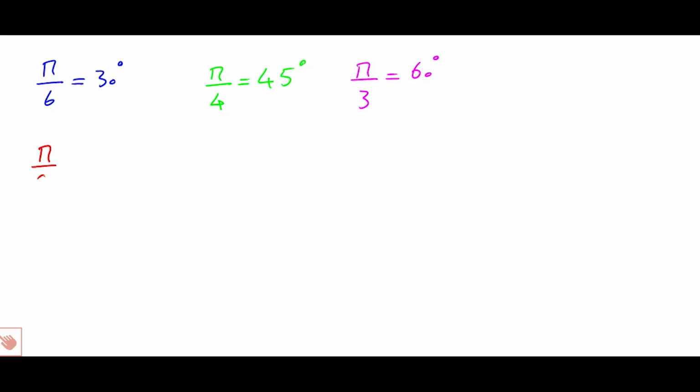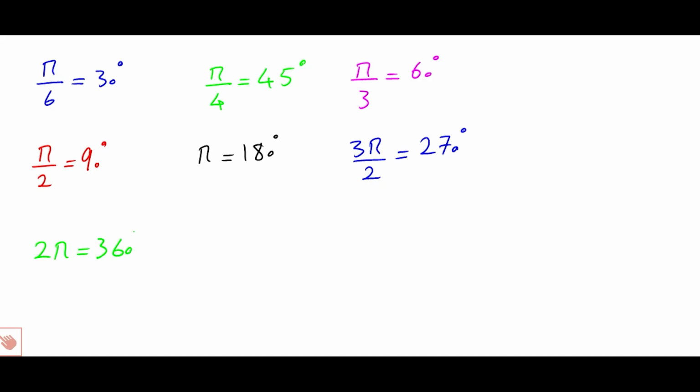And pi over 2 in radians is equal to 90 degrees. Or pi in radians is equal to 180 degrees. And 3 pi over 2 is equal to 270 degrees. And finally 2 pi in radians is equal to 360 degrees.